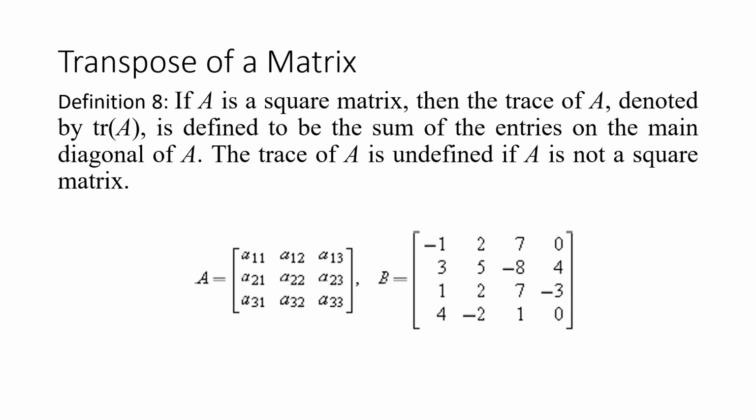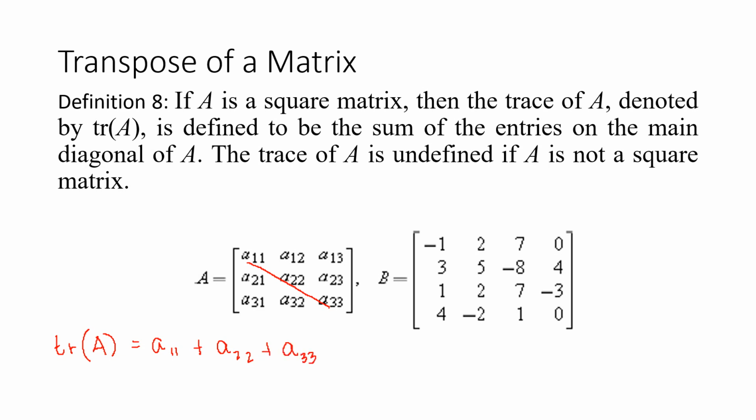So in other words, the trace of A would be the sum of the diagonal, which would be equal to a sub 1 1 plus a sub 2 2 plus a sub 3 3.